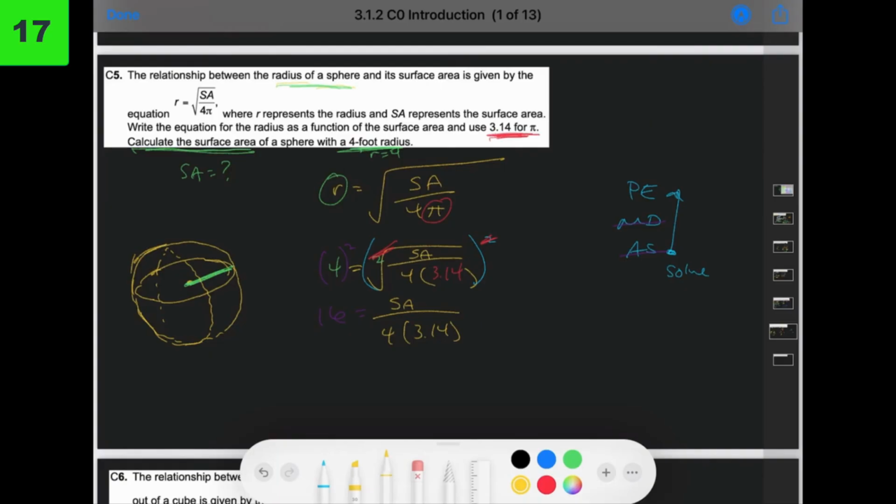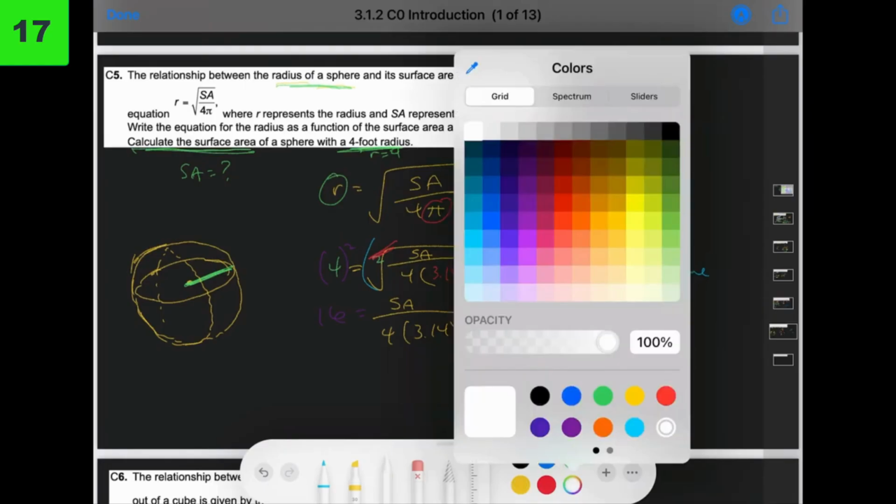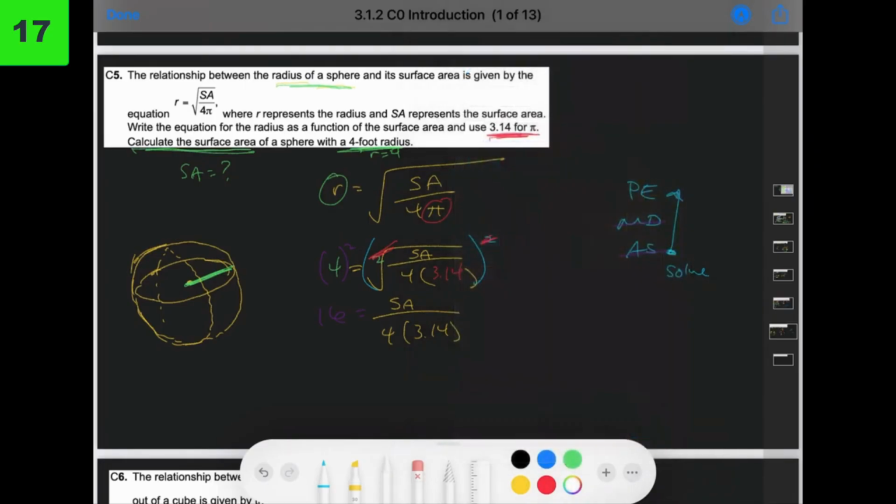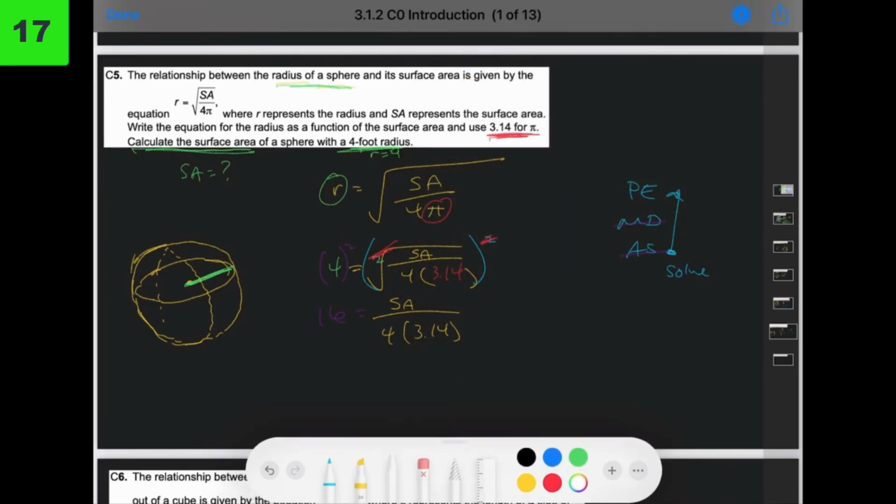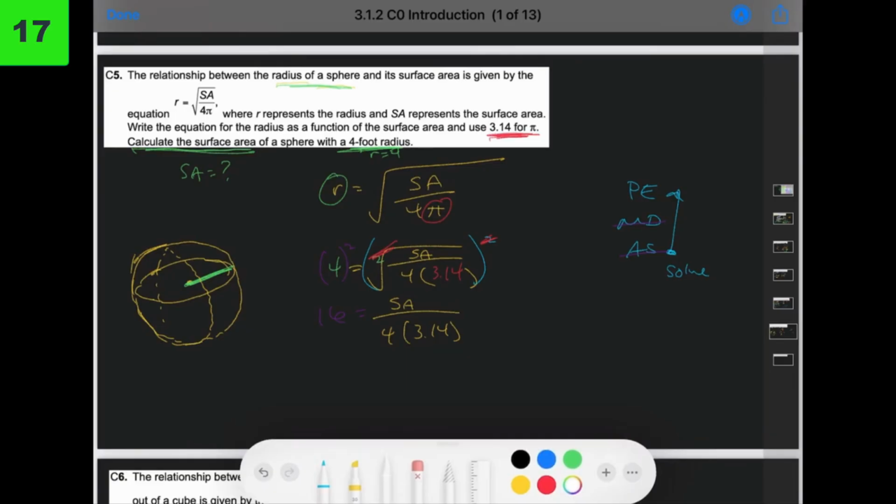Now you can multiply that number out if it's intimidating to you. I'm going to go ahead and multiply that out on mine. 4 times 3.14 gives me 12.56. So 16 equals SA over 12.56. And to get rid of that 12.56, that's division, so we're going to multiply both sides by 12.56.